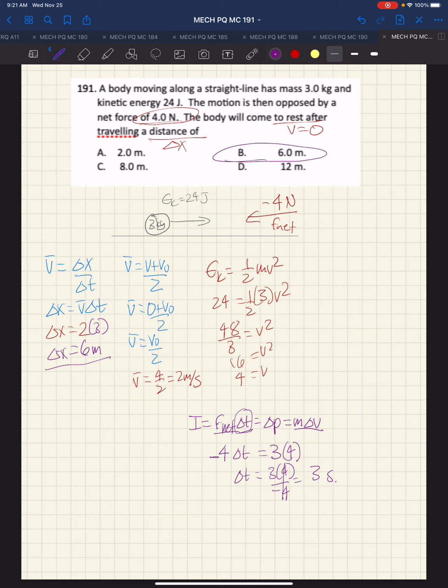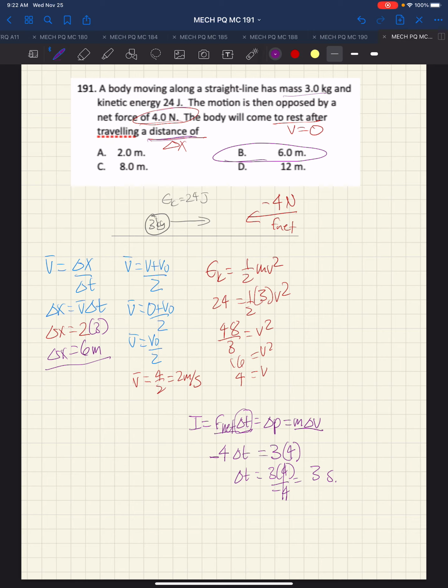Choice B. Now, I just want to step back and talk about the larger process here. How we began this was we made sense of the quantities here. We even specified some things like rest is a velocity of 0 and distance is delta x, and we've got a mass and our kinetic energy. And since we're looking for a distance delta x, we started out with, this is a kinematics question, the displacement.